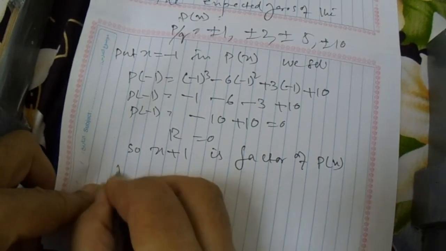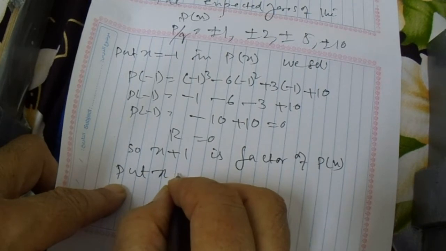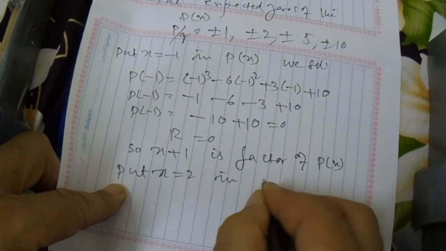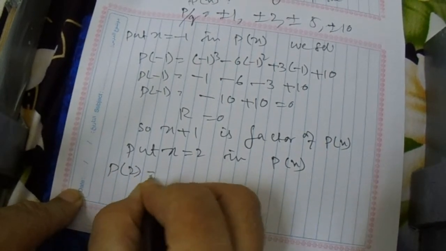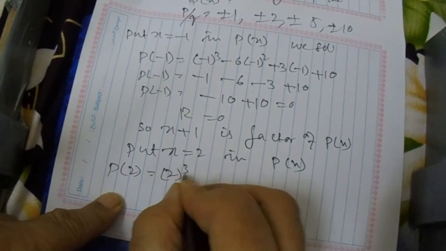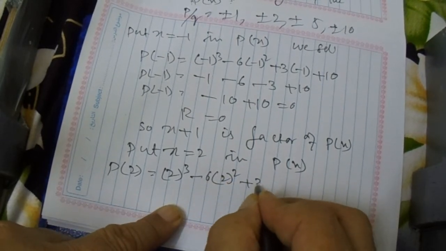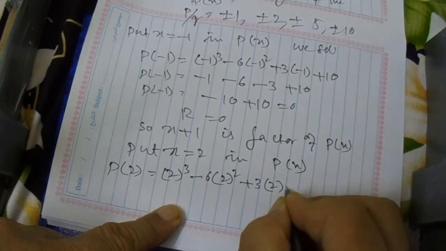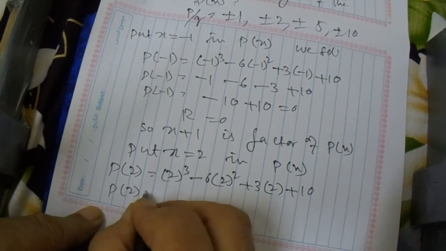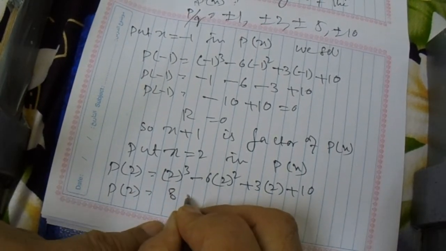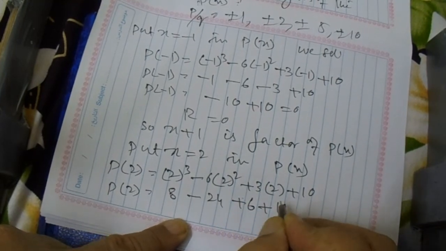Again put x is equal to 2 in P(x). P(2) is equal to 2 to the power 3 minus 6 into 2 to the power 2 plus 3 into 2 plus 10. P(2) is equal to 8 minus 24 plus 6 plus 10.